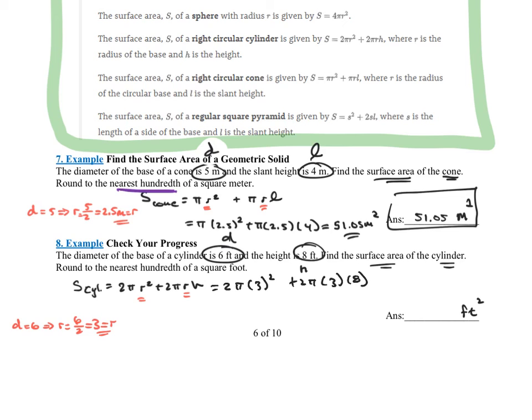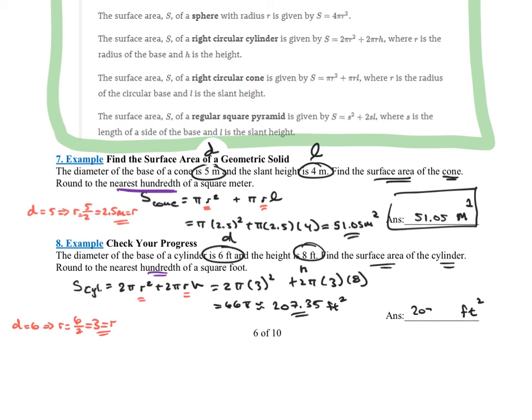When I put it into my calculator, I ended up with 66 pi, and now I need to approximate that because it wants it to the nearest hundredth. So again, I'm using 2 decimal places here. Hit the double arrow button and I'm getting 207.35, and that's our units, which is feet squared.